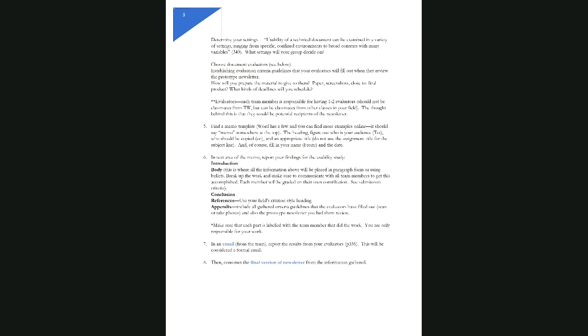Or if you're working on Google Docs or something like that where everybody can get in there and put their own stuff in, by all means. Every group in this class is set up a little differently with how they're corresponding and putting all their stuff together. But I would leave due dates up to you because you should have internal due dates that are before my actual due dates when the finalized version is due.